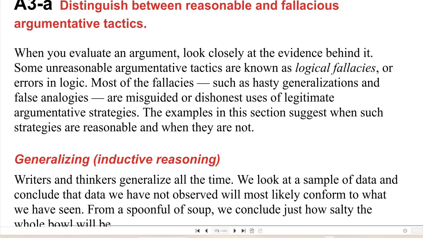Some unreasonable argumentative tactics are known as logical fallacies, or errors in logic. Most of the fallacies, such as hasty generalizations and false analogies, are misguided or dishonest uses of legitimate argumentative strategies. The examples in this section suggest when such strategies are reasonable and when they are not.